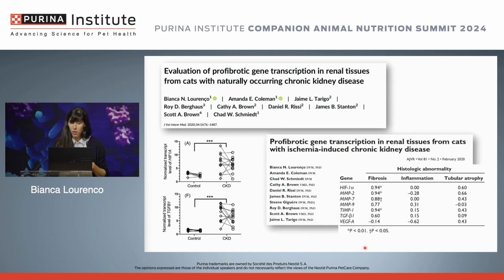We had also documented that in tissues from cats that had undergone experimental renal ischemia, transcription of HIF1 alpha was associated with worse scores of fibrosis. So the higher the transcription of HIF, the worse the fibrosis scores. Now, certainly these data just show association, no causation whatsoever, but at least it shows us that hypoxia is a specific challenge that cats with CKD are facing.